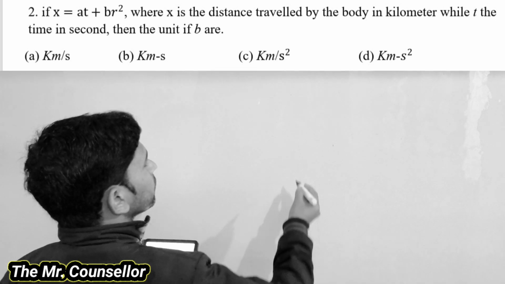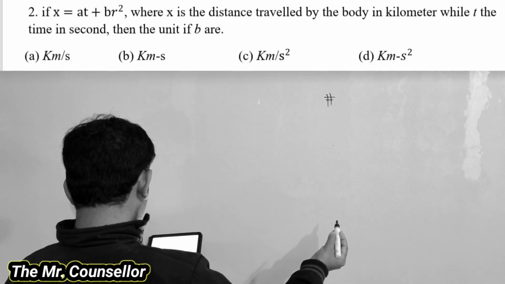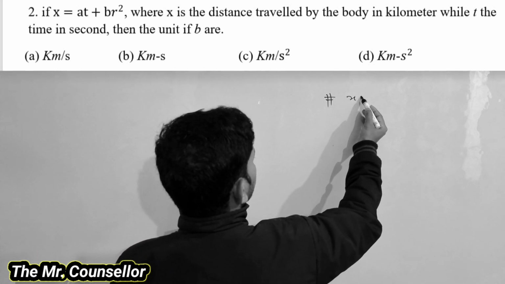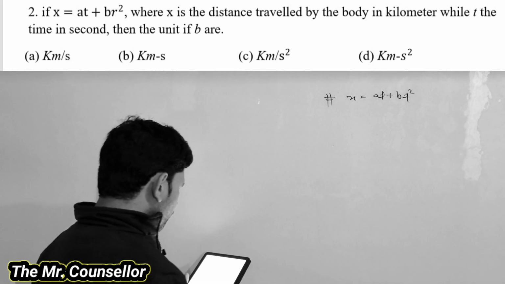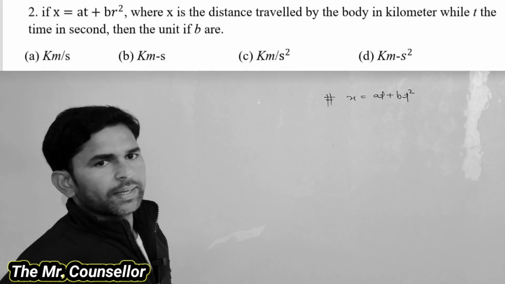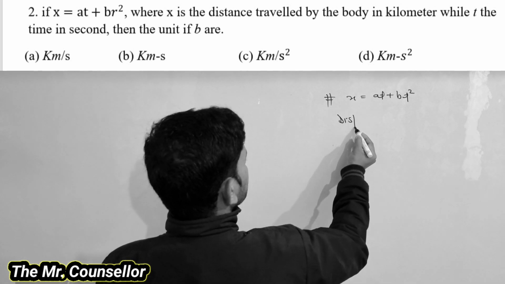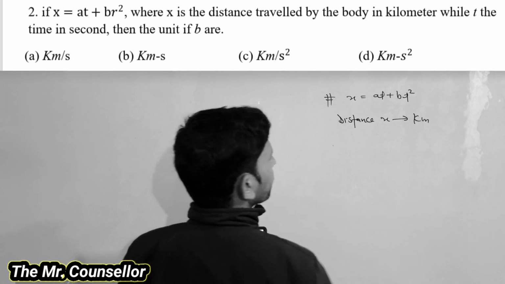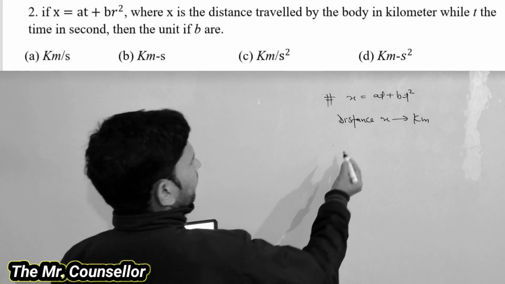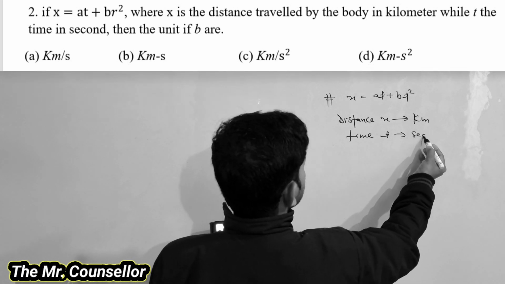According to this question, what is given? x is equal to at plus bt square. The distance x is measured in kilometer, and the time t is measured in second.